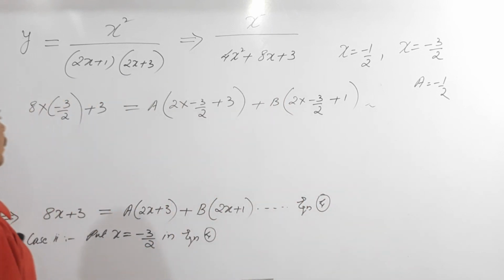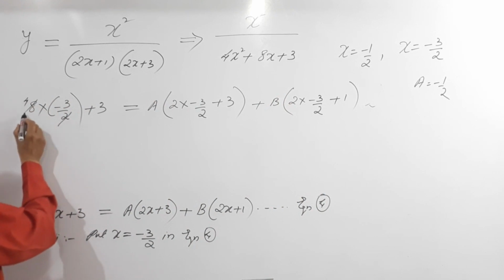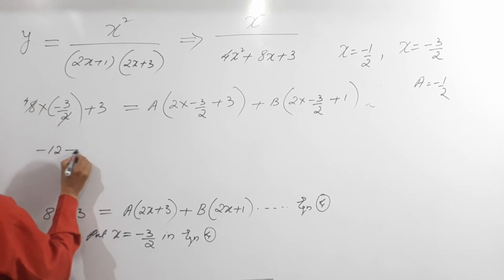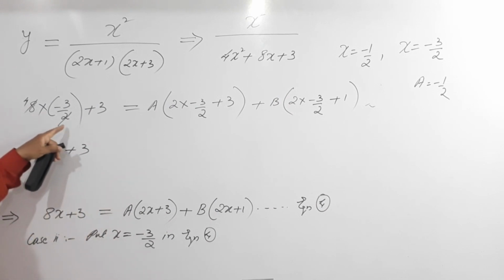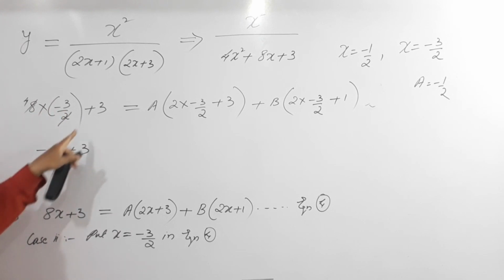Correct. So what happens here? 2 ones are 2, 4 fours are 4 into 3 is minus 12 plus 3. Correct. If you multiply, this goes 4 times, 4 into plus 4 into minus 3. Minus 12 plus 3. Done.